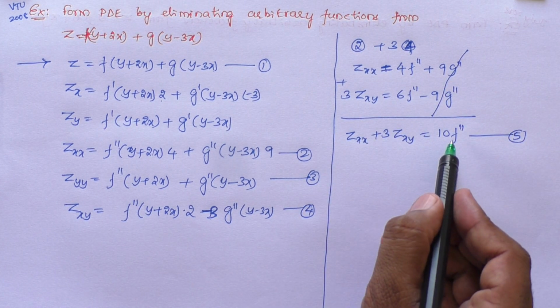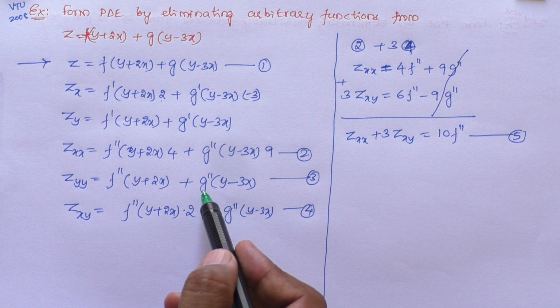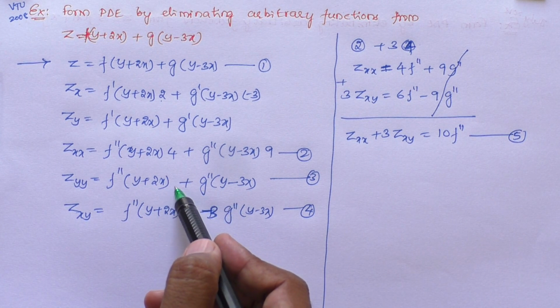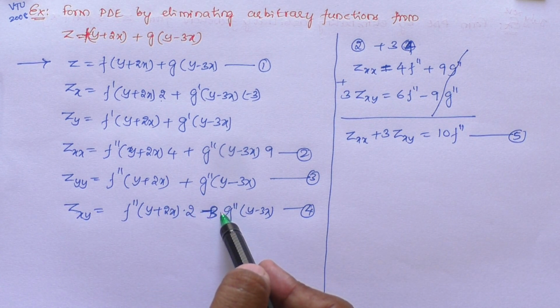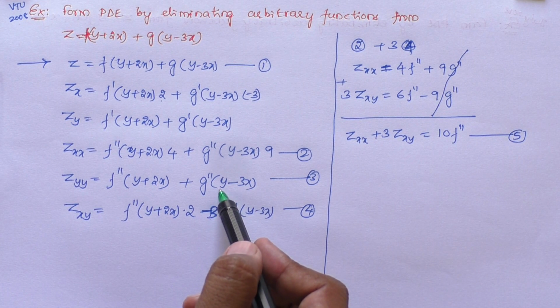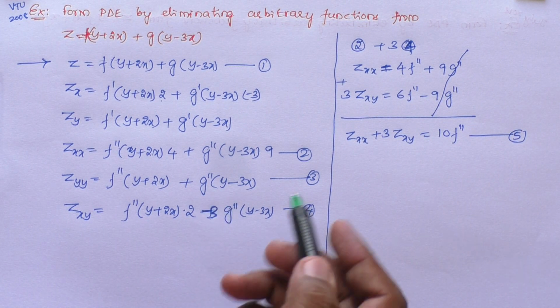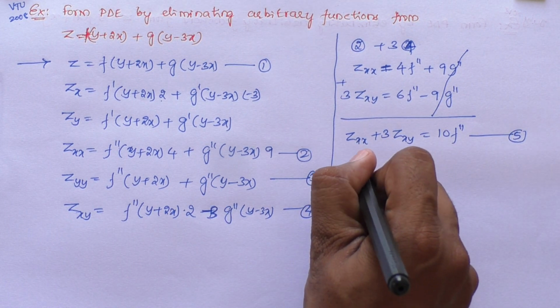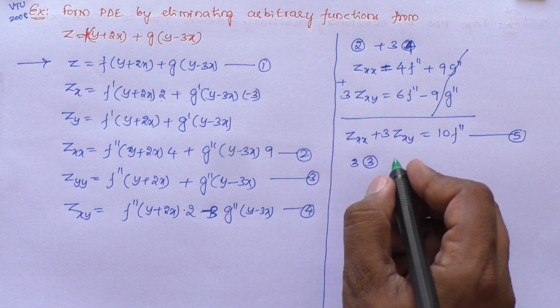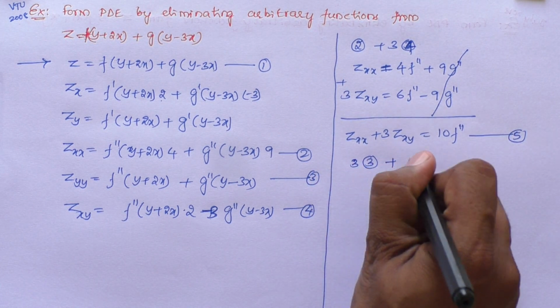Now we got f double dash, so here what you can do is, using 3 and 4, eliminate g again. Equation 3 has plus g double dash, so multiply equation 3 by 3 and add to 4.